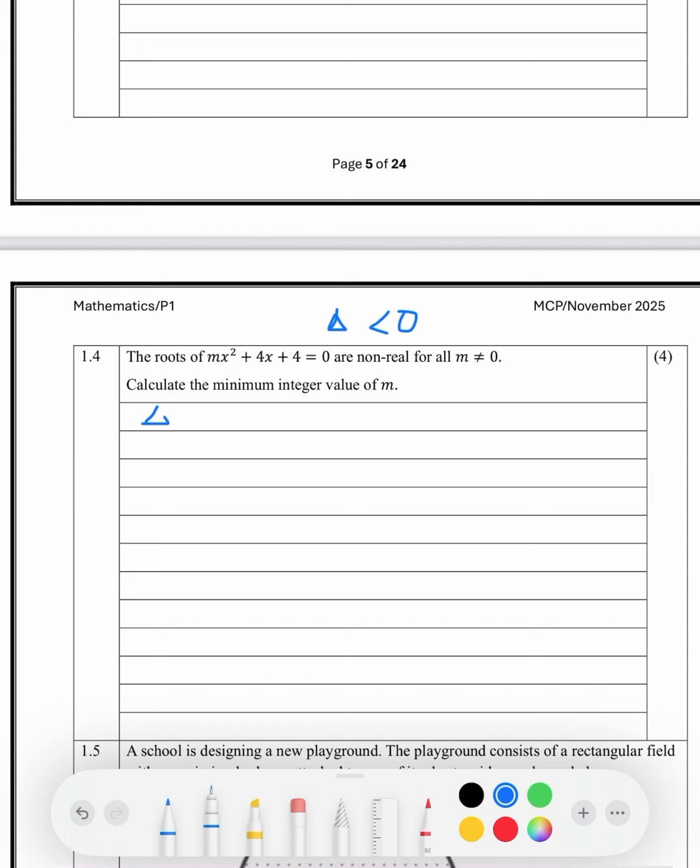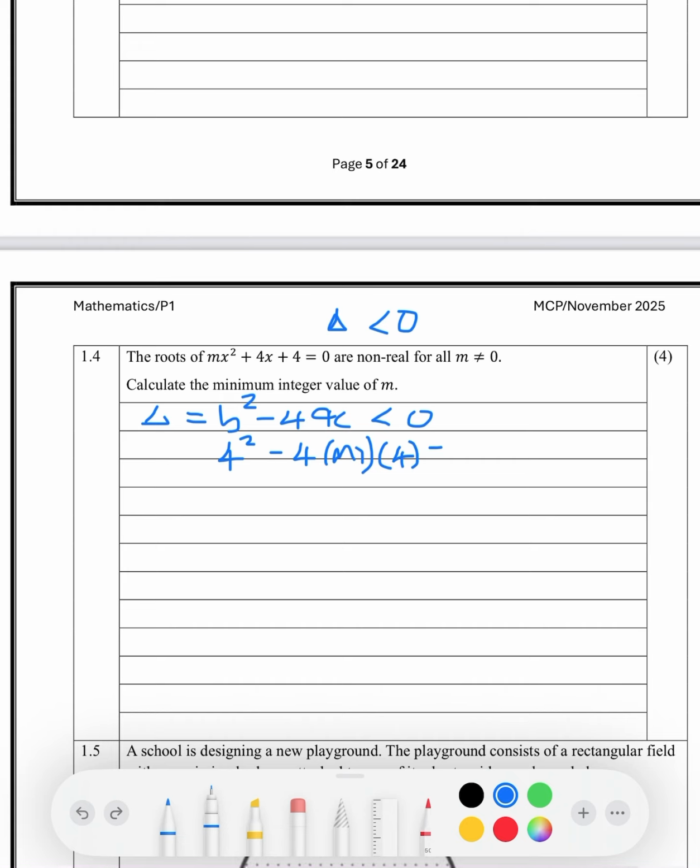So the discriminant is equal to b squared minus 4ac, and the discriminant should be less than 0. Our b is equal to 4, and we square that, minus 4, our a is m, and our c is 4, and this is less than 0.